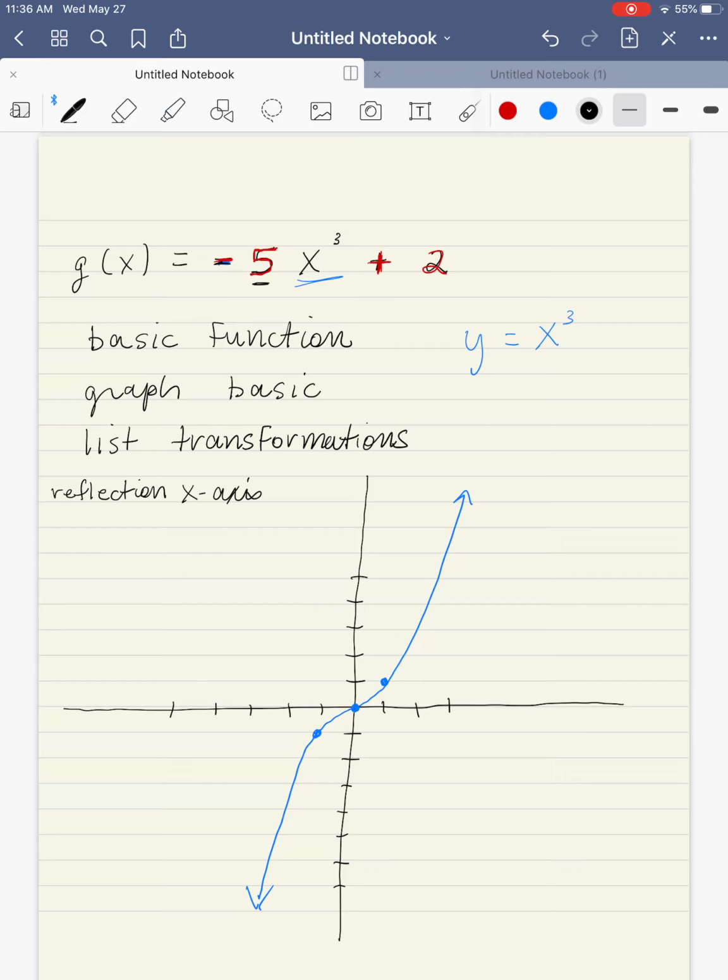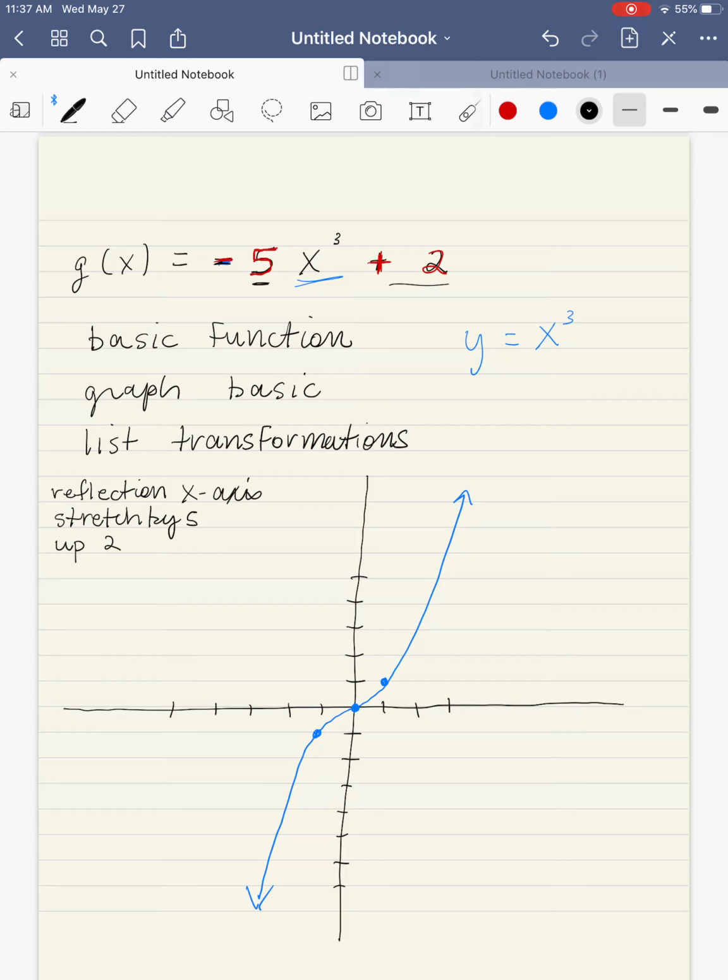The negative is a reflection. That's separate from the stretch or shrink. So we're only looking at just the number 5, not negative 5. So 5 is more than 1, so that is a stretch by 5, factor of 5. And then finally my +2, that is outside the function, so that is up 2. So those are my 3 transformations.